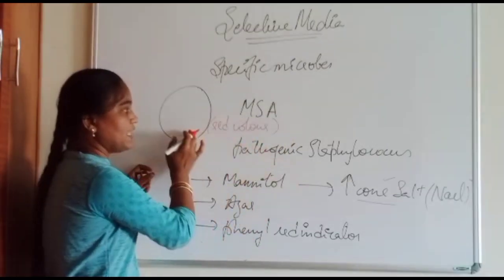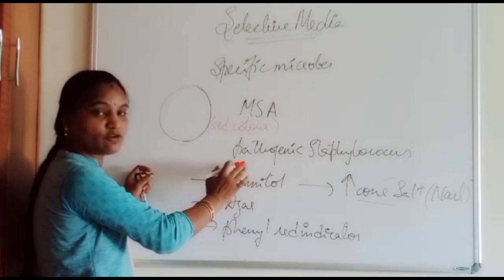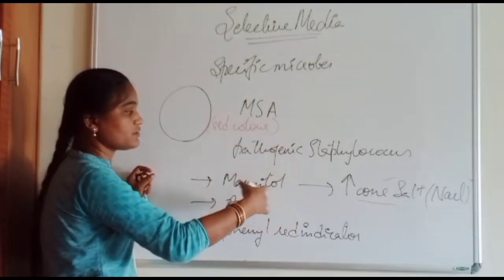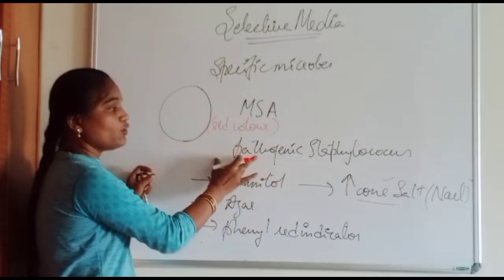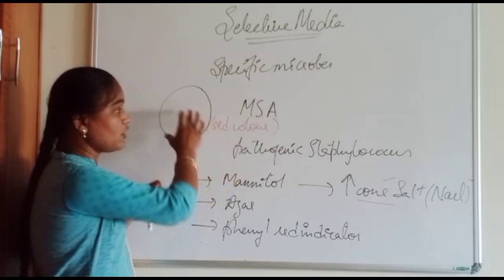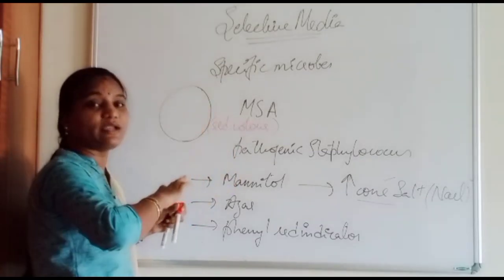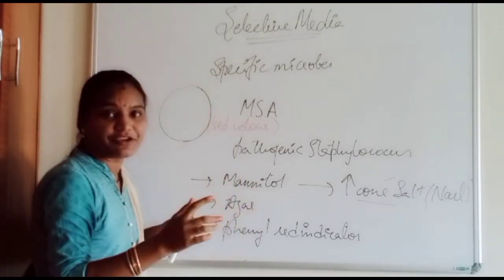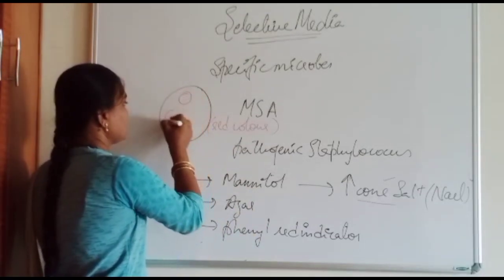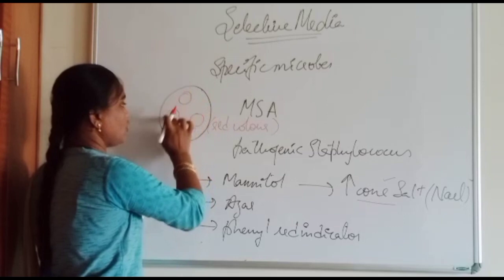When you add pathogenic Staphylococcus and some other microbes of other species, only Staphylococcus will show its growth. How? The red color of this culture media will gradually change into yellow. Assume this is red and these are the yellow zones.